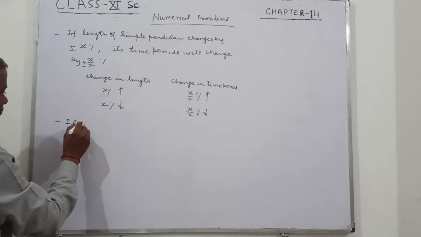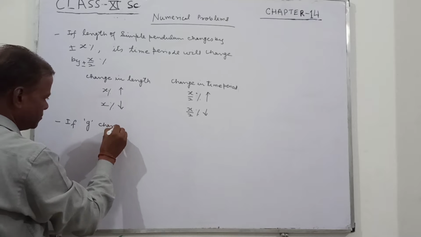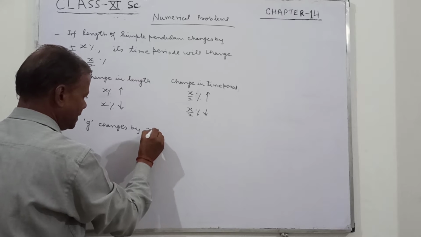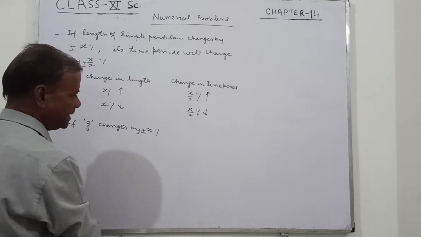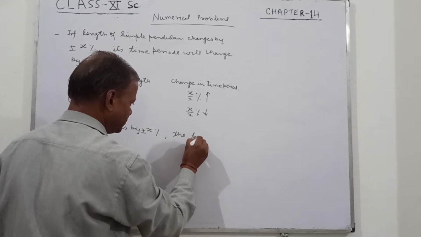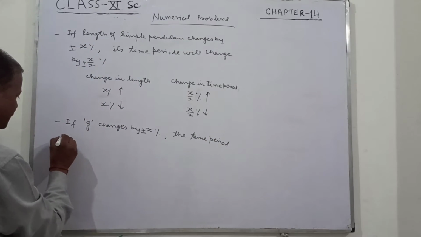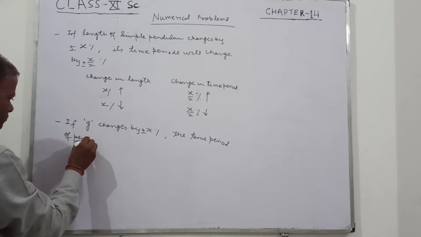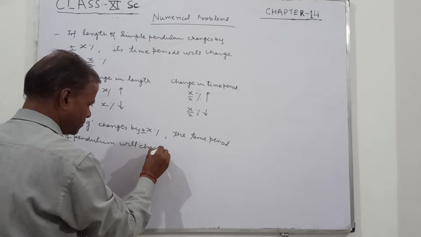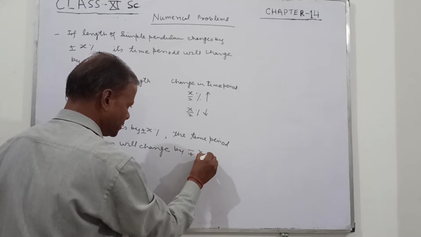If G changes by x%, plus minus x%, the time period of pendulum will change by minus plus x by 2%.